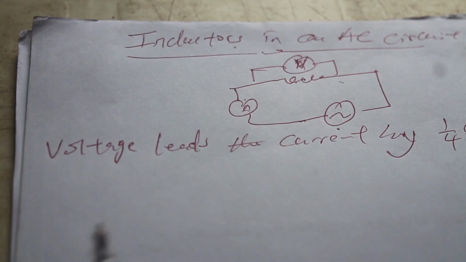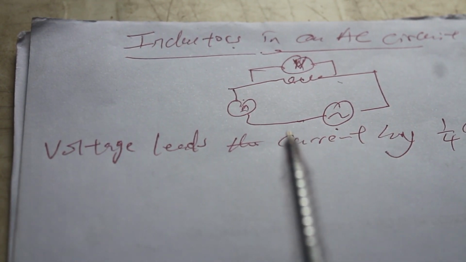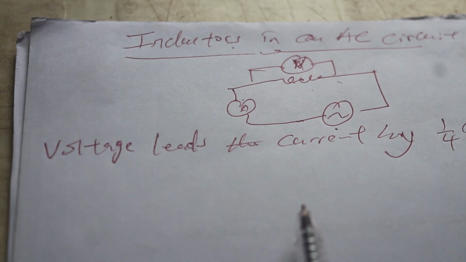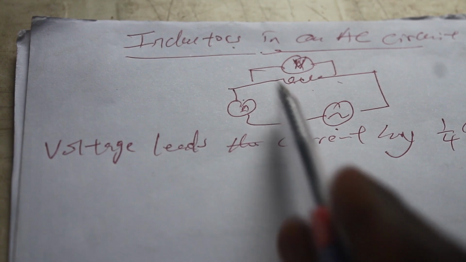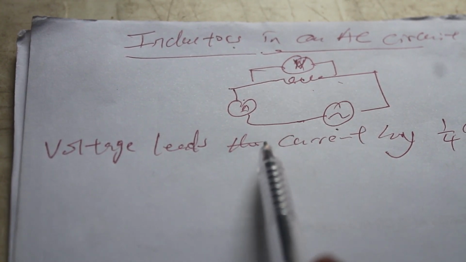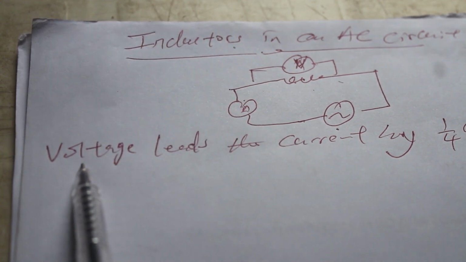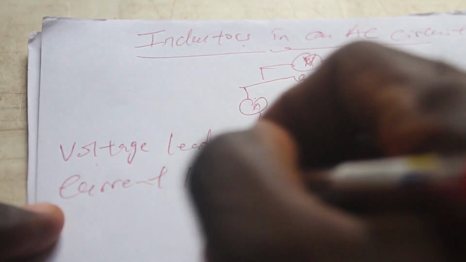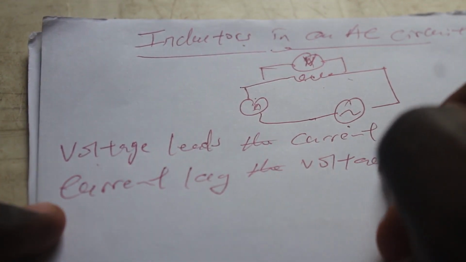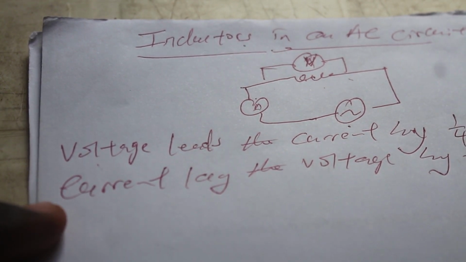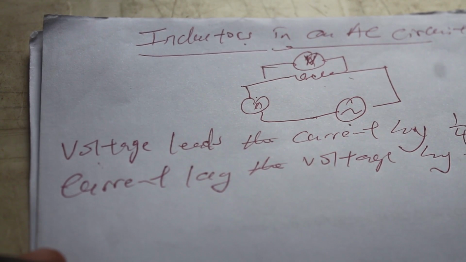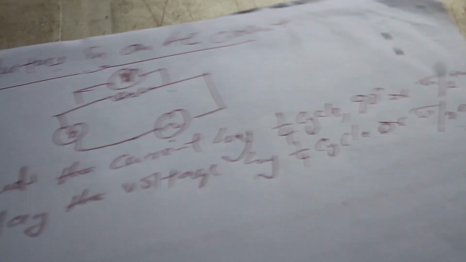So if you have an AC circuit with just an inductor only, and you connect an oscilloscope to both ends and carry out a measurement, you see that the voltage will lead the current by 1/4 cycle, and then the current will also be said to lag the voltage by the same 1/4 cycle, or pi over 2 radians or 90 degrees, the same thing.